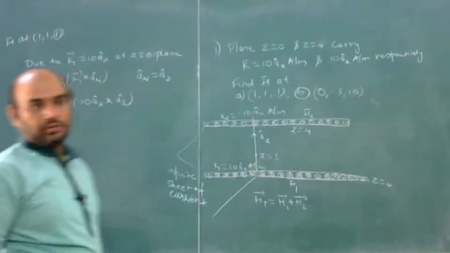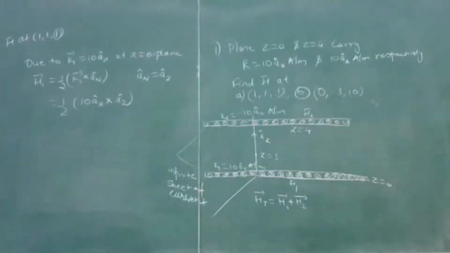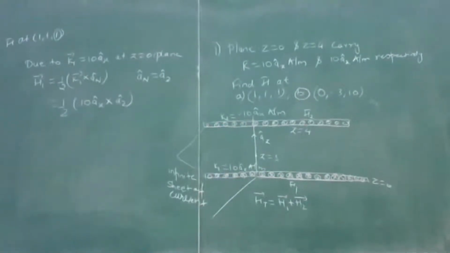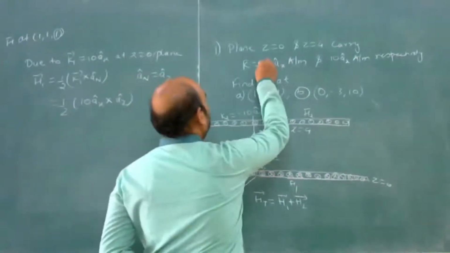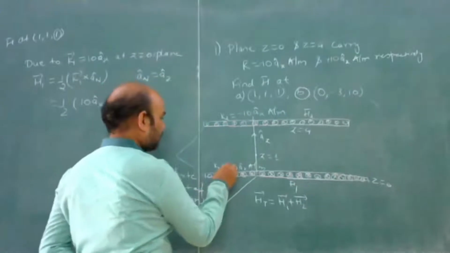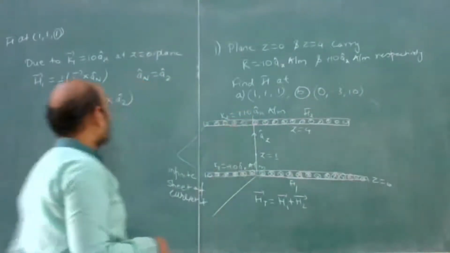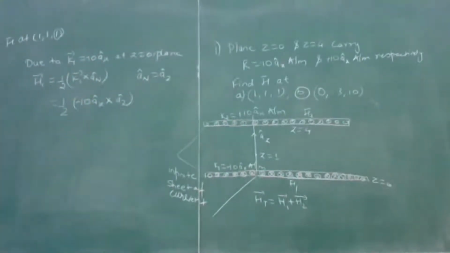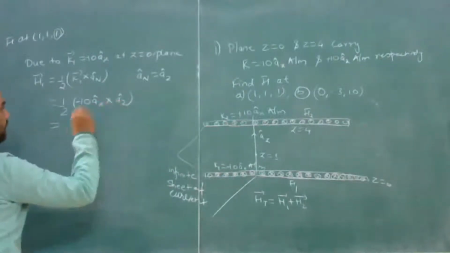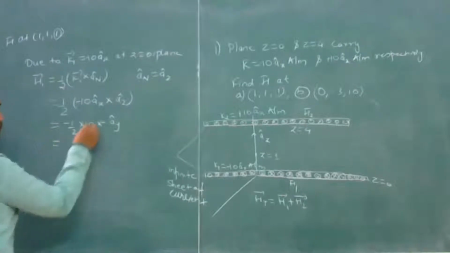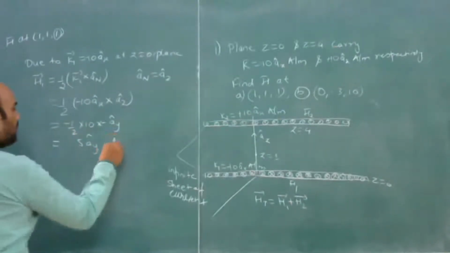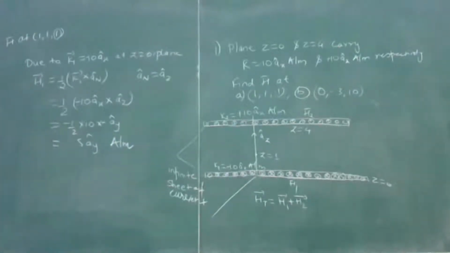So this will be half of 10 a_x cross a_z. With the sign convention, this is minus half of 10 a_x cross a_z. Since a_x cross a_z is minus a_y, this will be equal to minus half into 10 into minus a_y, which is 5. Therefore H1 will be equal to 5 a_y.